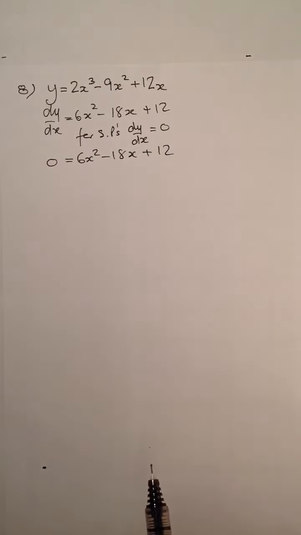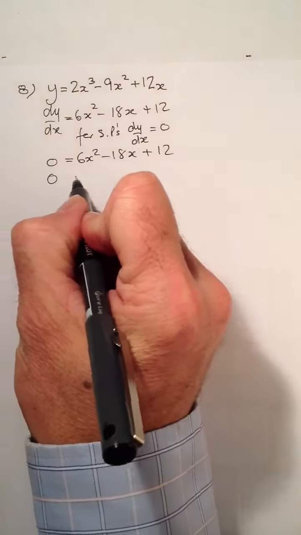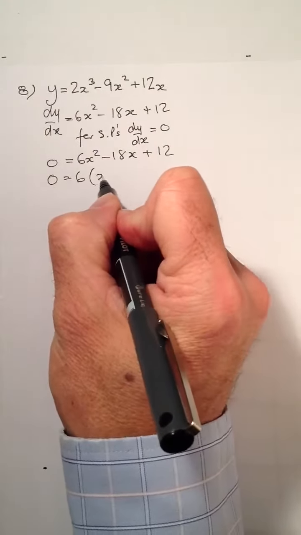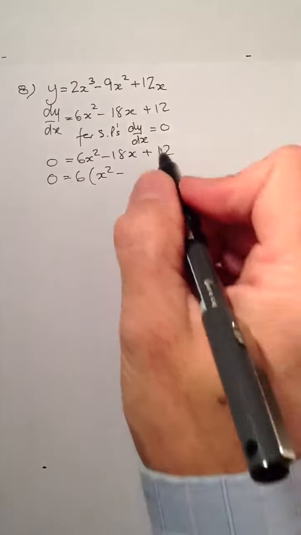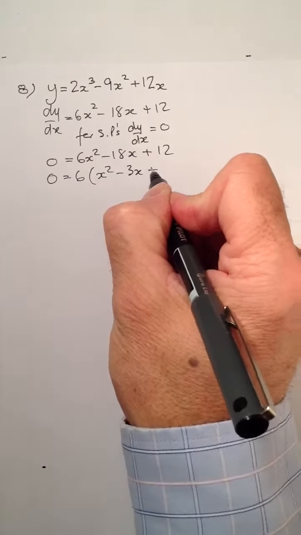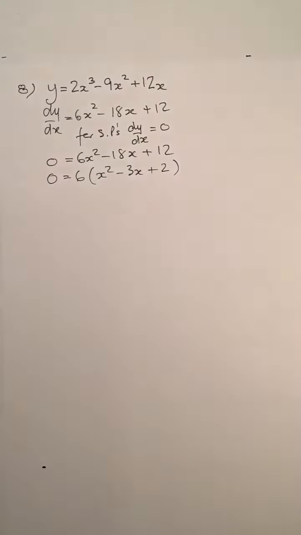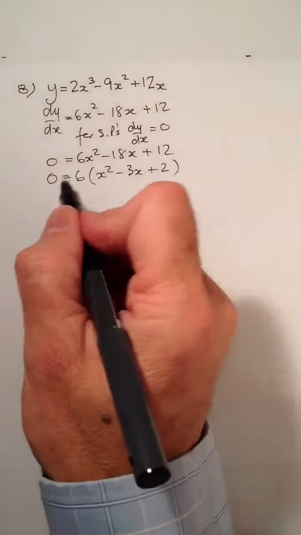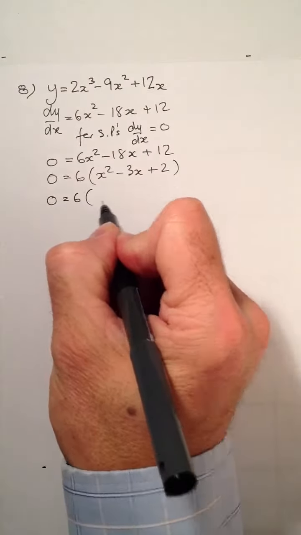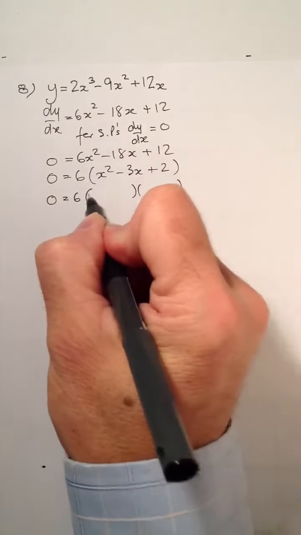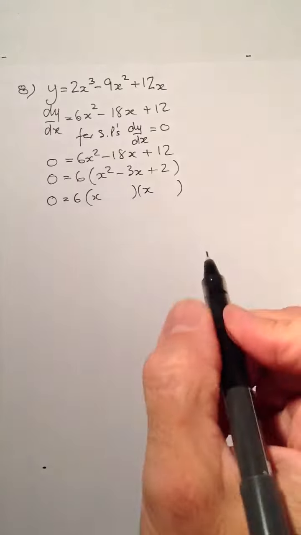Okay. Now to factorise that, I could factorise it as it is, but I'm going to take out a common factor of 6 to make it that bit easier for myself. And from there I'm going to put that into two brackets. So x would be the first terms.